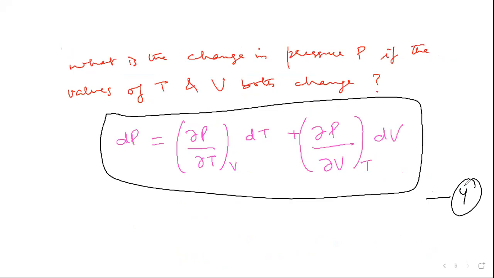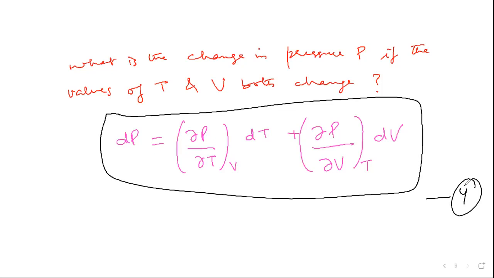Now in this equation, in order to find the change in pressure, we need the first partial derivatives, and we need to know by how much temperature changes and by how much volume changes, right?